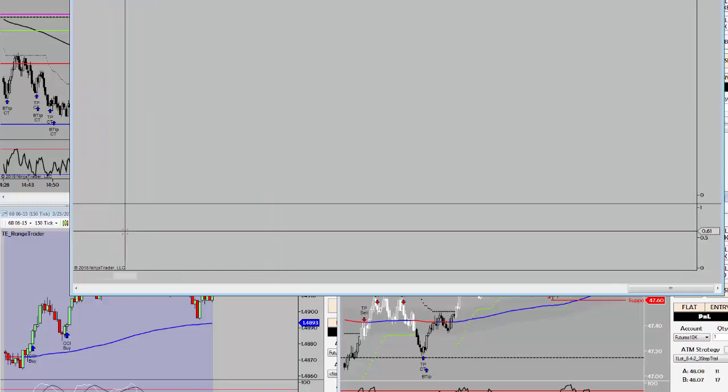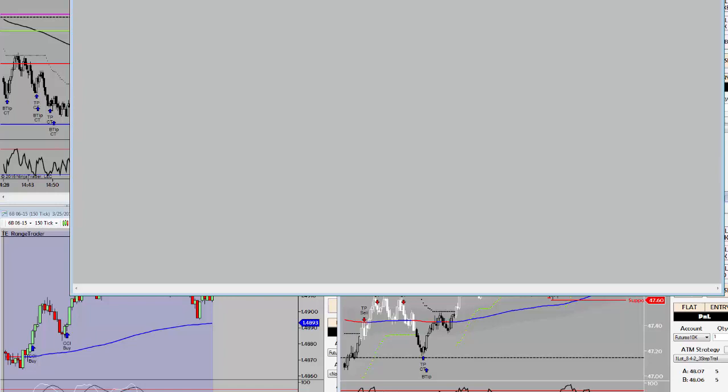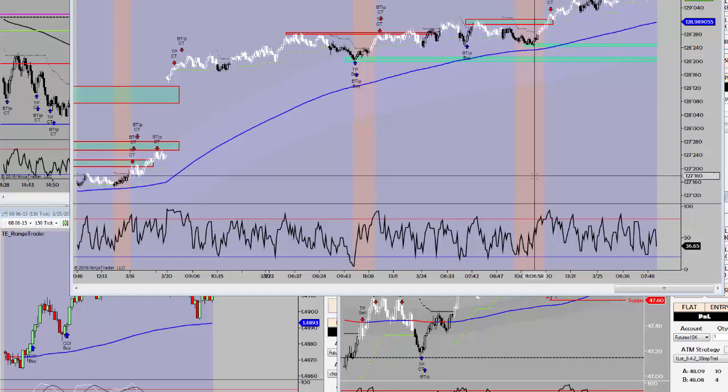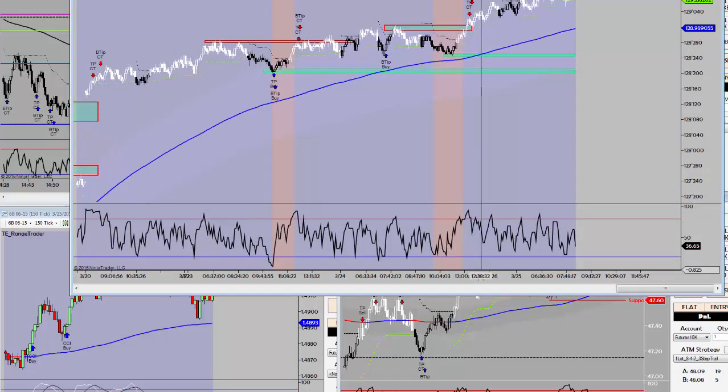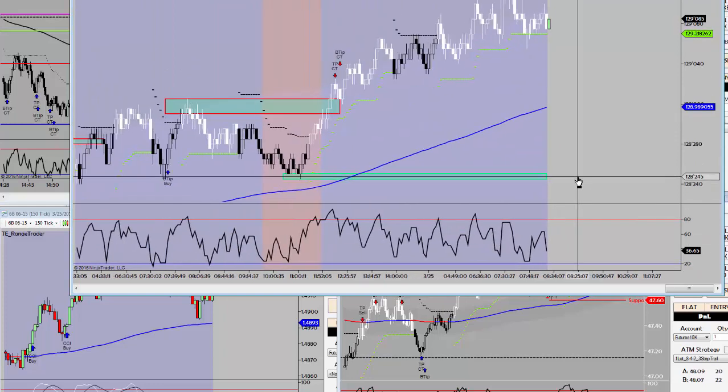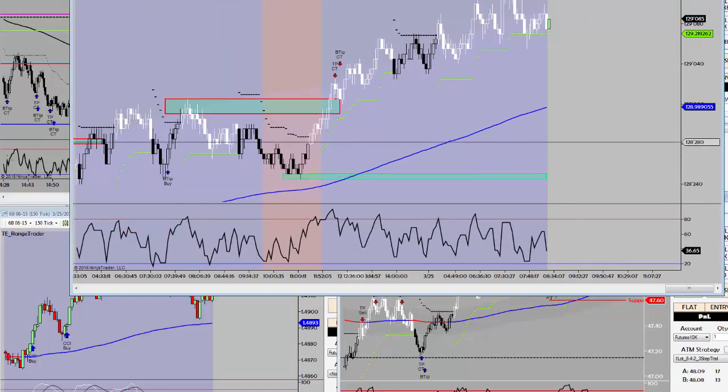There we are. We'll look at the 1,000 tick, and then I'll pull up a higher time frame over here while we're looking at this. Come on, baby, populate. Okay.